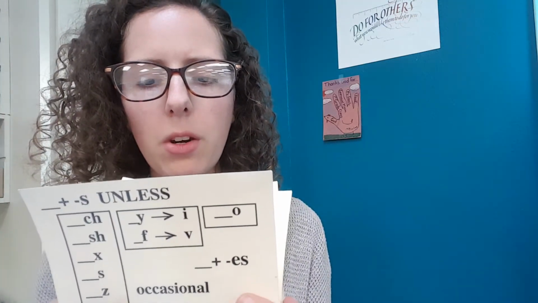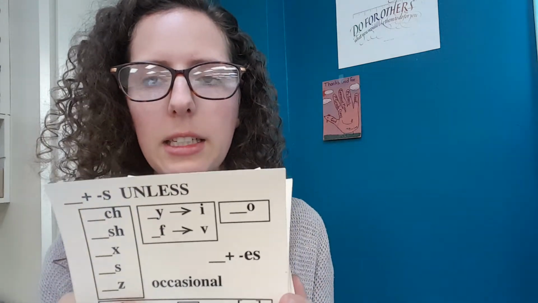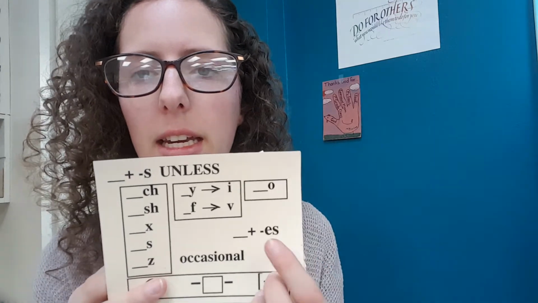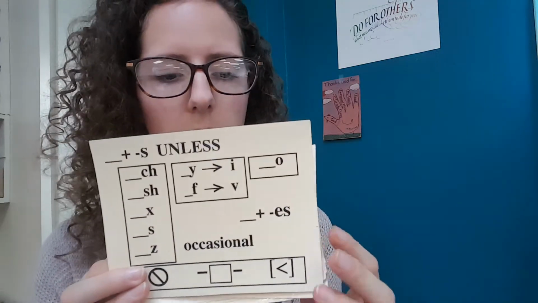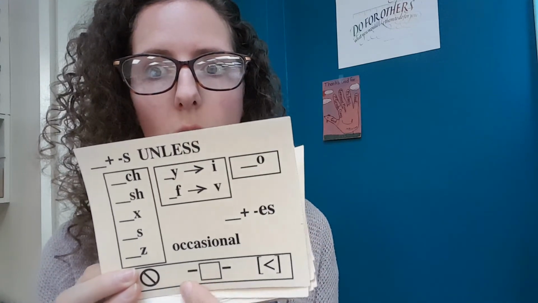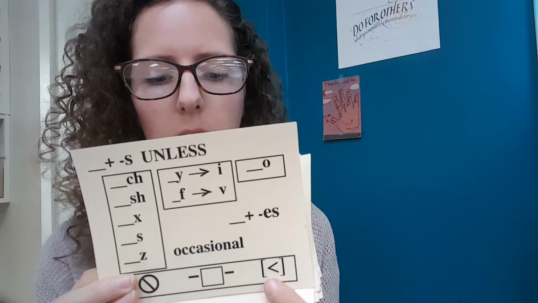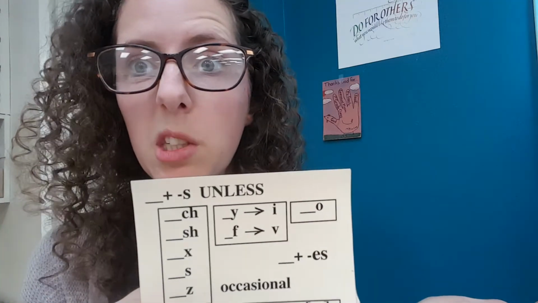Or it may end with an O, like tomato. In these cases, add an ES. Whew, that was a lot. And occasionally words have no change at all, like sheep. You don't say sheeps, do you?